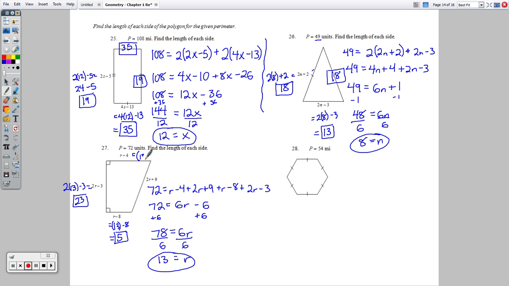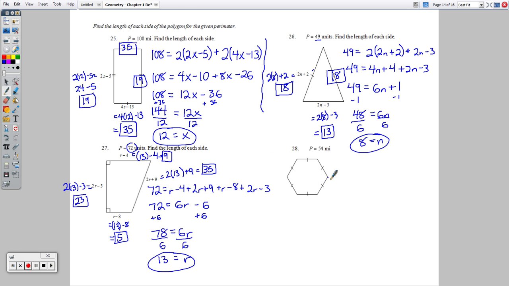Over here, you'd have 13 minus 4, which would be 9. And right here, you'd have 2 times 13 plus 9 would be 26 plus 9, which is 35. If you add all this together, let's see, we'd have 44 there. We'd have 28 here. 28 plus 44 would be 72, like it should be.